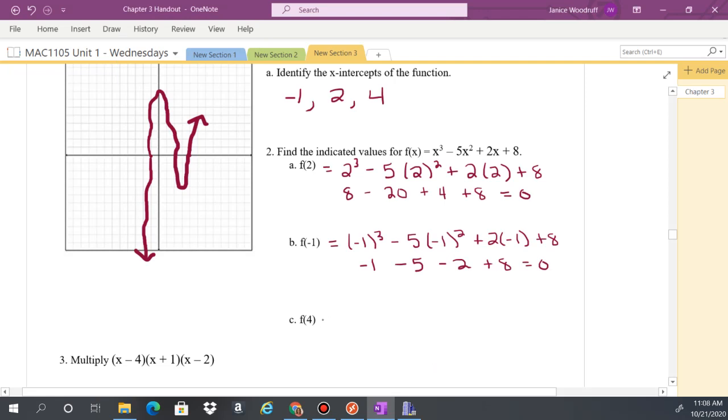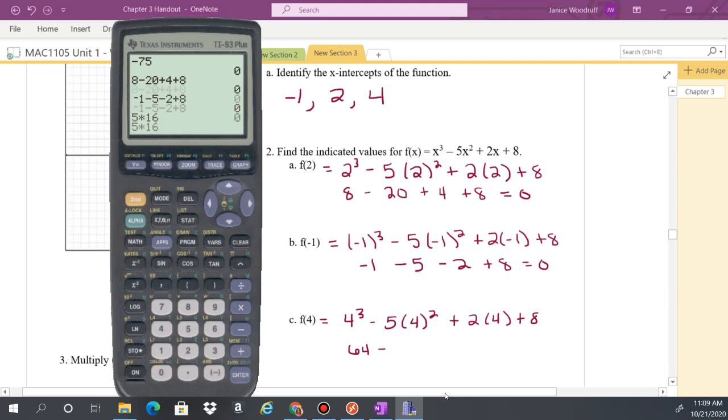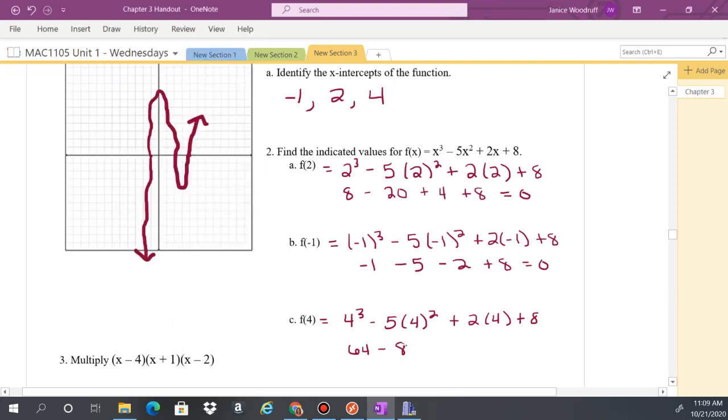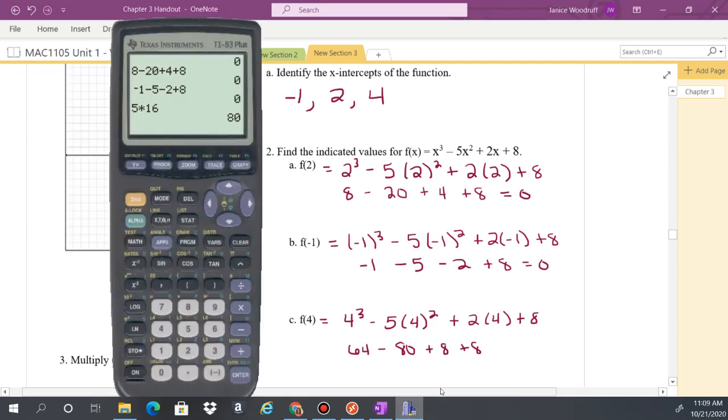Then we'll do it with 4. We've got 4 cubed minus 5 times 4 squared plus 2 times 4 plus 8. So 4 cubed, 64, minus 5 times 16, I think it's 80, plus 8, plus 8. So 64 minus 80 plus 8 plus 8, 0.